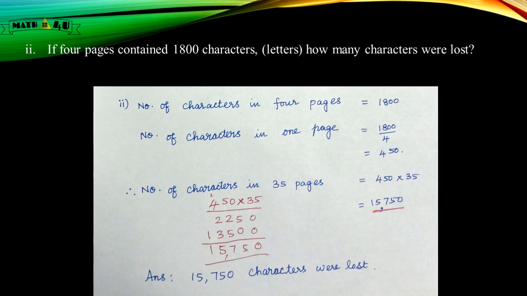This is number of characters in one page is 450. Now we want to find the number of characters in 35 pages. Therefore, you multiply 450 into 35. The answer is 15,750. So 15,750 characters were lost.